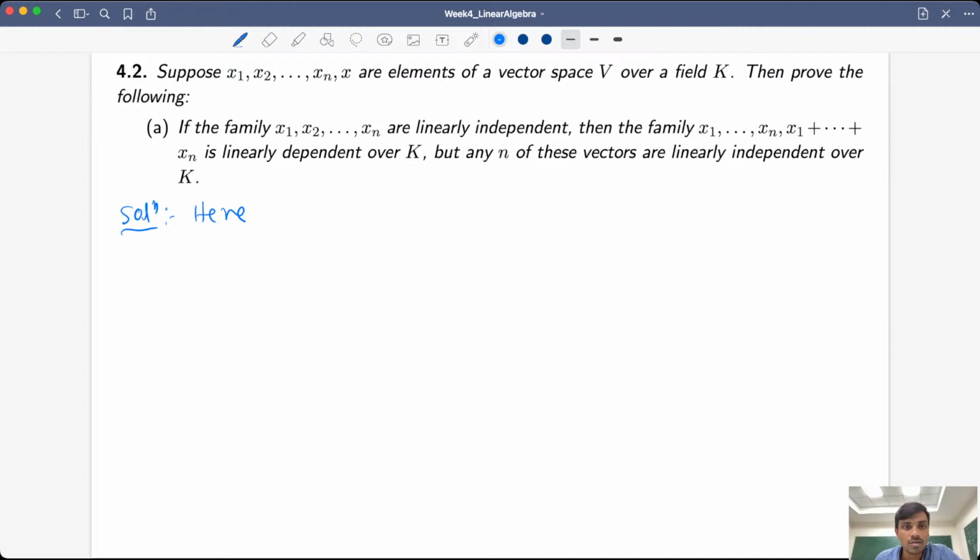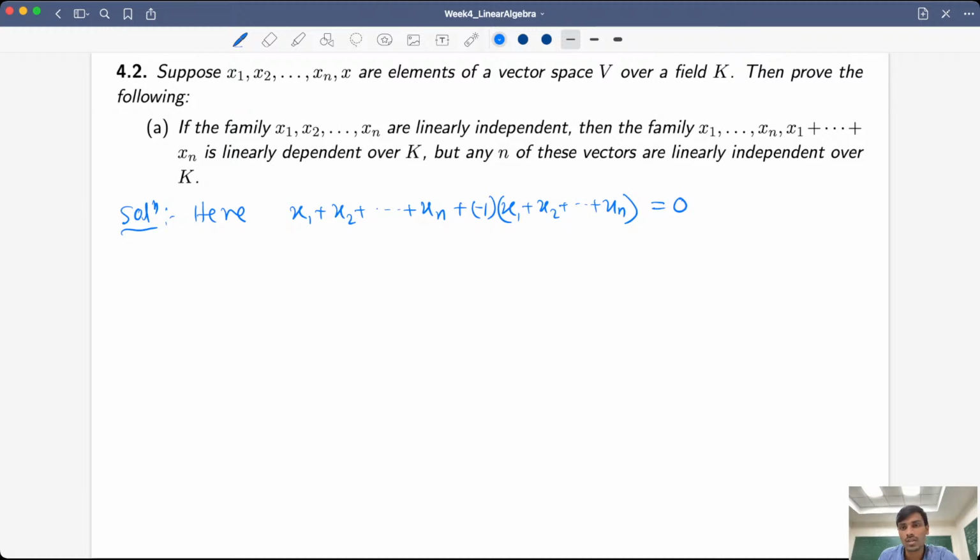Here x1 plus x2 plus ... plus xn have coefficient 1, and the coefficient of x1 plus x2 plus ... plus xn is -1, so it clearly adds up to 0.